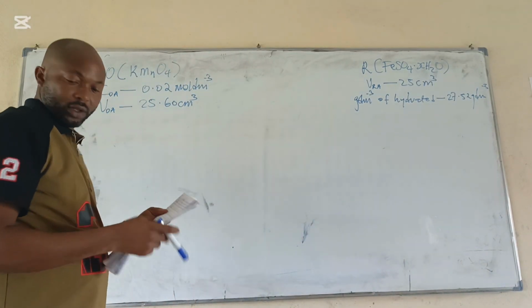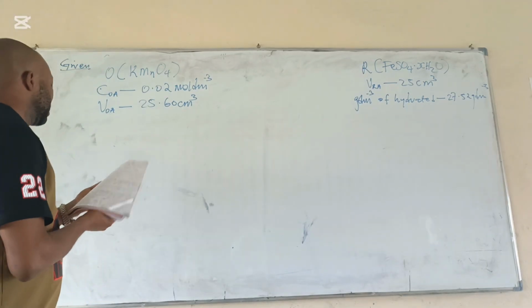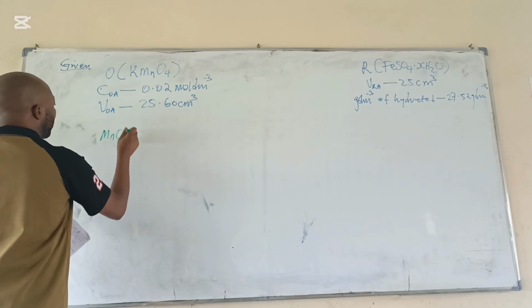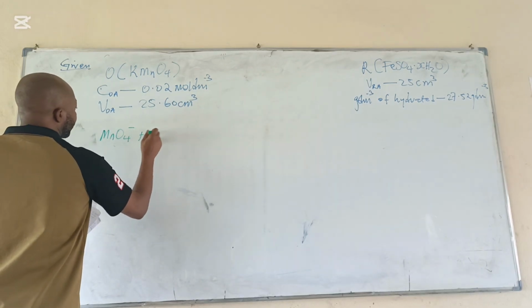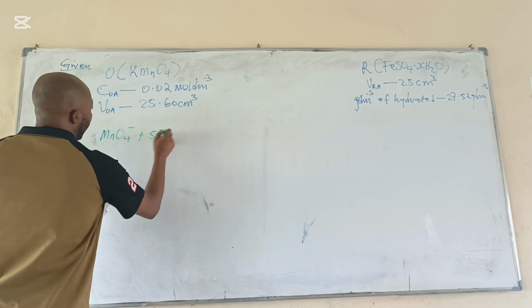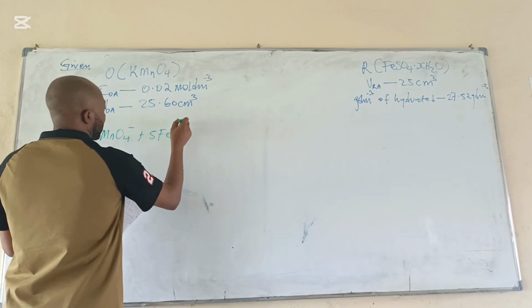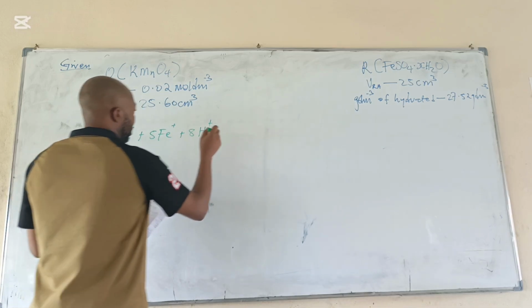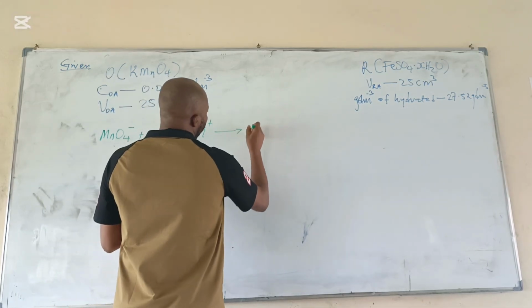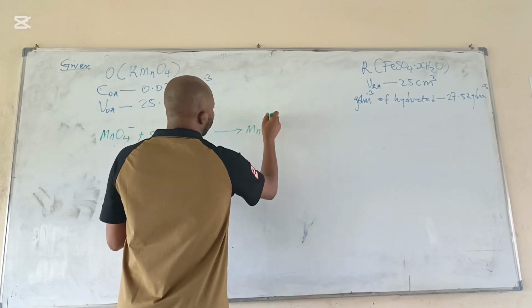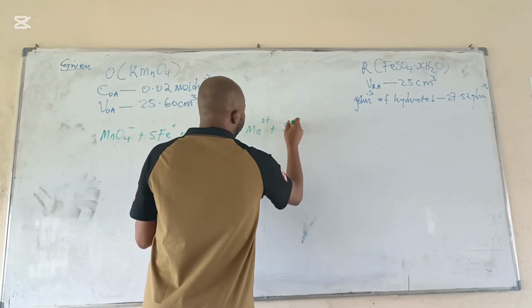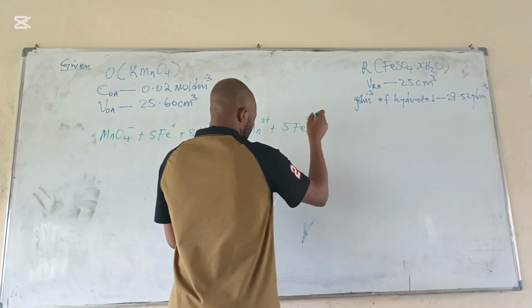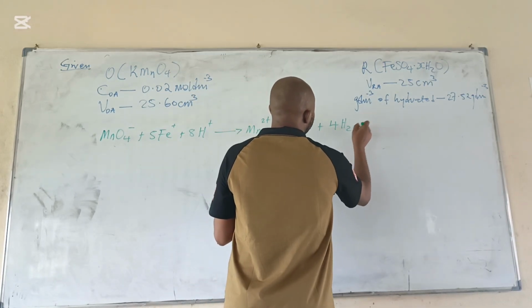All right. The equation of reaction is MnO4⁻ + 5Fe²⁺ + 8H⁺ gives Mn²⁺ + 5Fe³⁺ + 4H2O.